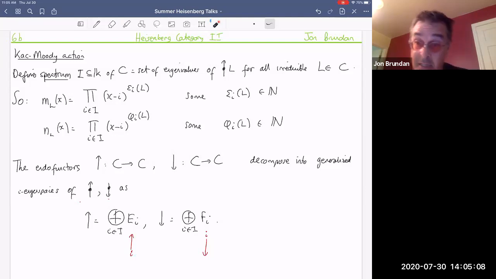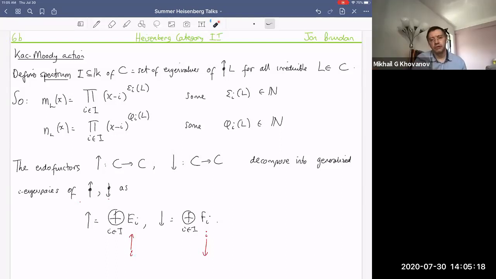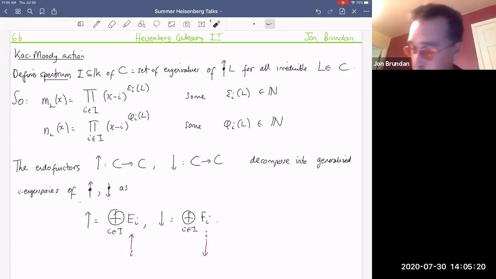That's one of the nice things about Heisenberg, you can get it to act on categories that you can still deform. But sorry, by quiver, you mean the Dynkin quiver? For example, you could take a quantum group with a parameter q, and then you can deform so that q becomes a root of unity.